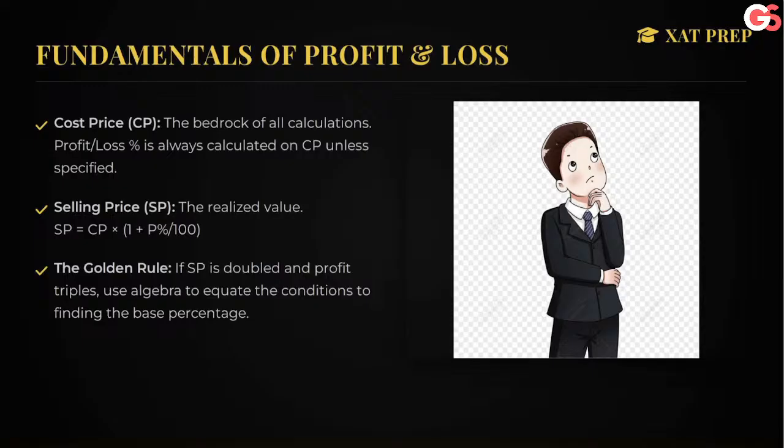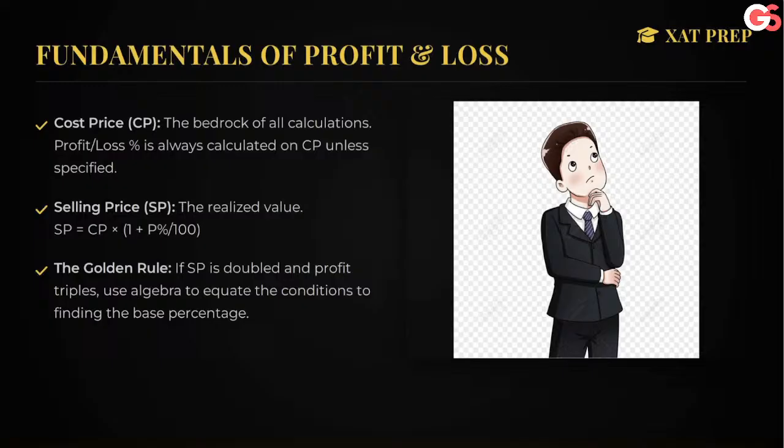The certain things which all of you already know. CP is the cost price. This is the bedrock of all calculations. When I say bedrock, that is basically the fundamental. I'm using some fancy terms over here. The bedrock of all calculations, profit loss percent is always calculated on CP unless specified. That is very important. Unless specified.